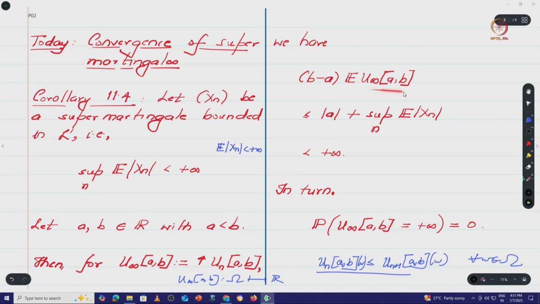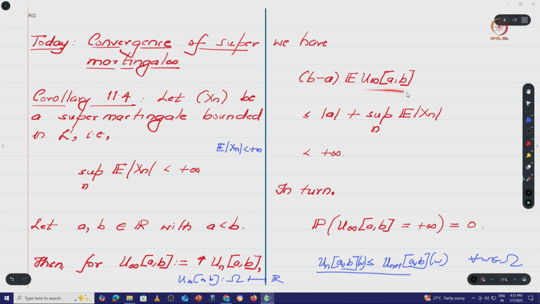So, let us try to understand what U infinity of AB is. Well, as you may have already guessed, it is the number of upcrossings of the interval AB over the window starting from 0 and going all the way up to infinity. This result says that the expectation of this random variable, which counts how many upcrossings you have over the entire 0 to infinity window, is actually less than infinity.